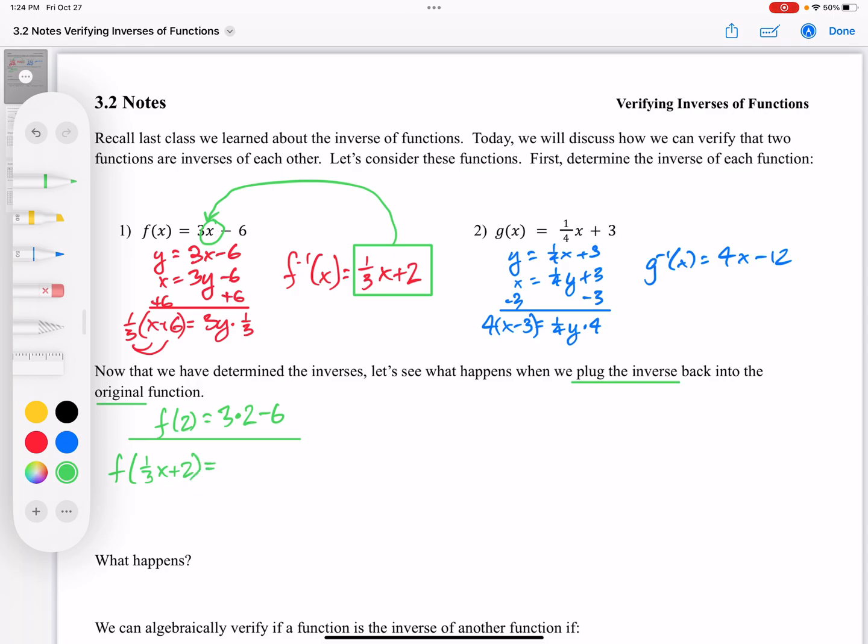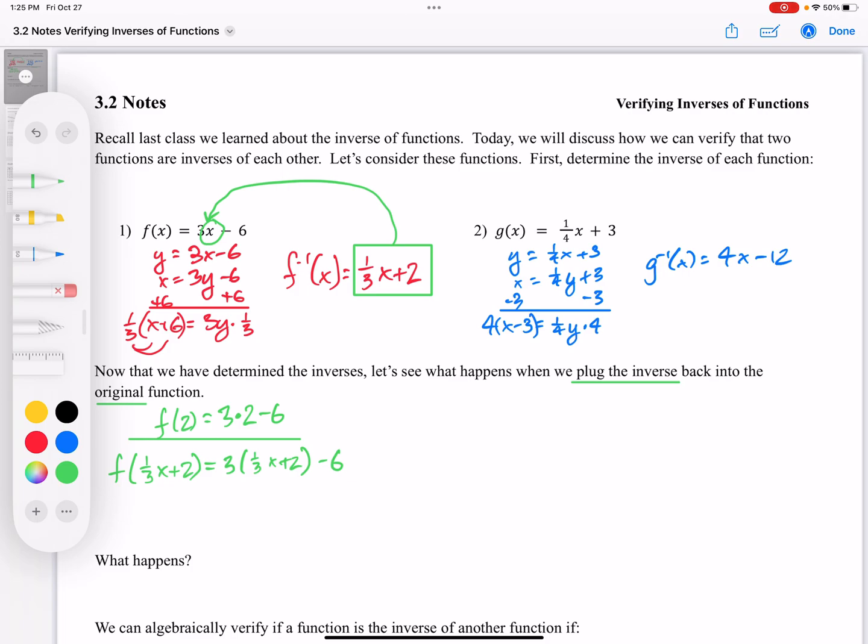So whatever's in the box goes in the box. So this is going to be 3 times 1/3 x plus 2, and then it's minus 6. This is like saying 3x minus 6. Okay? That's the function rule.